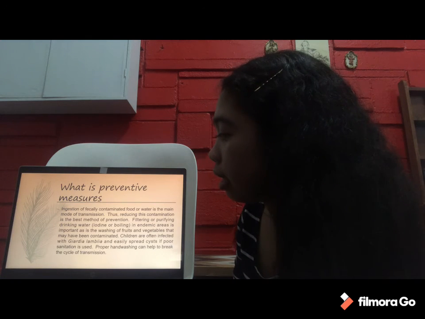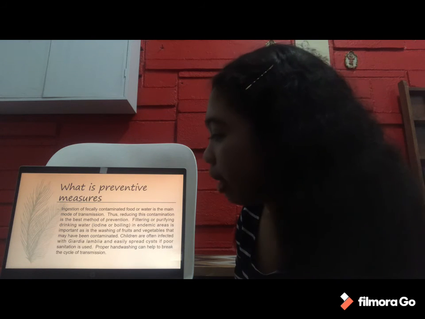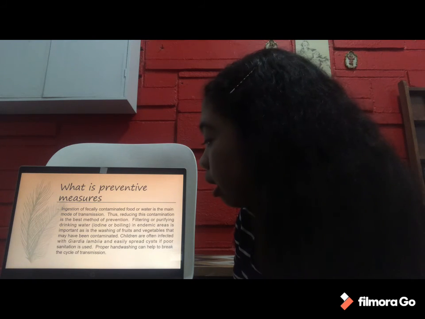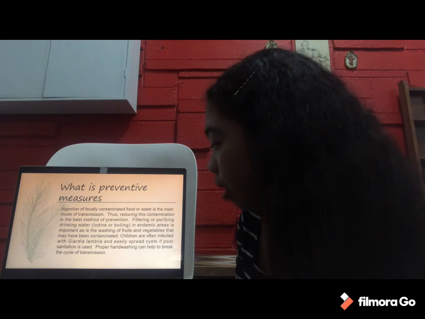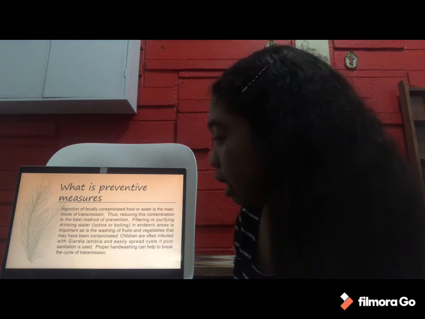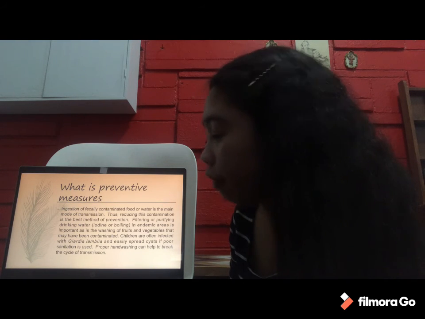It is also important to wash foods and vegetables that may have been contaminated. Children are often infected with Giardia, and it is an easily spread disease, so use sanitation. Proper hand washing can help to break the cycle of transmission.